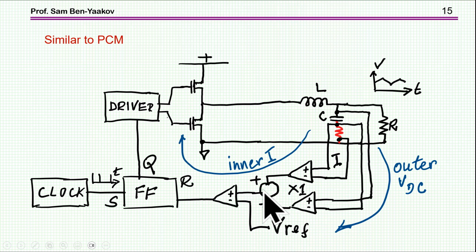But this can be corrected, and the way to correct it is to add another path of the DC component. Here I have a GM amplifier, a transconductance amplifier. I'm comparing the output to the reference, and then I have here a capacitor.